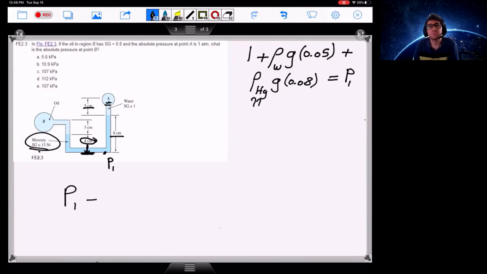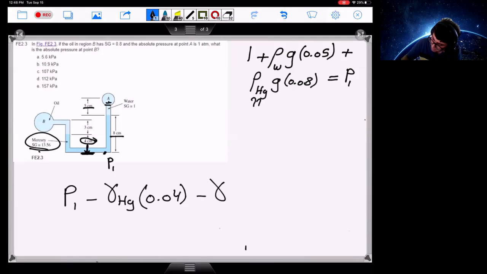So you said P1 minus gamma Hg times 0.04, and then minus gamma of the oil times 0.03. Exactly. Perfect. And that's going to be equal to PB, the pressure at B. That's exactly how you find PB.